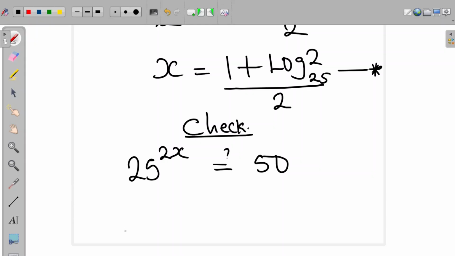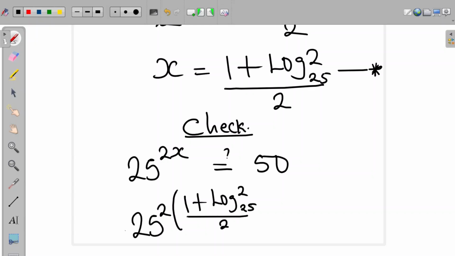So we have 25 raised to the power of 2, and our value of x is 1 plus log 2 to base 25 all divided by 2, equal to 50. Now at this point, these two can cancel out.